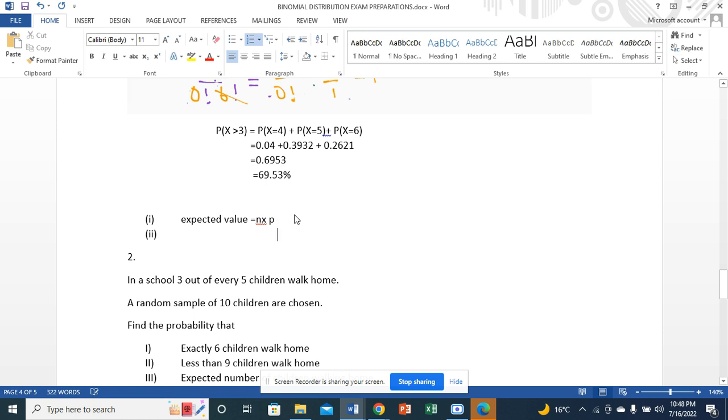So we have 6 trials, and the probability of the trials being effective was 8/10, which is 0.8. And you're going to say 6 times 0.8. Get 4.8.